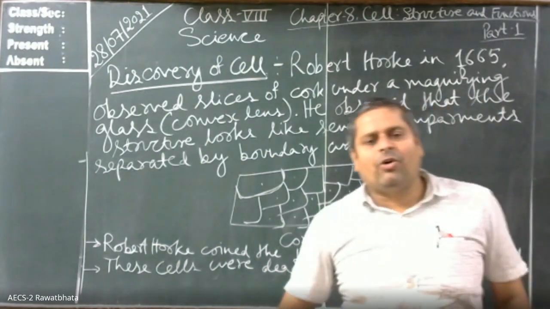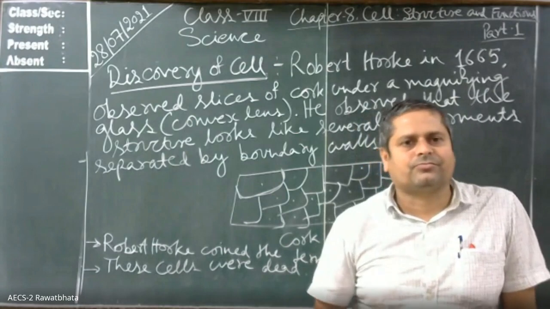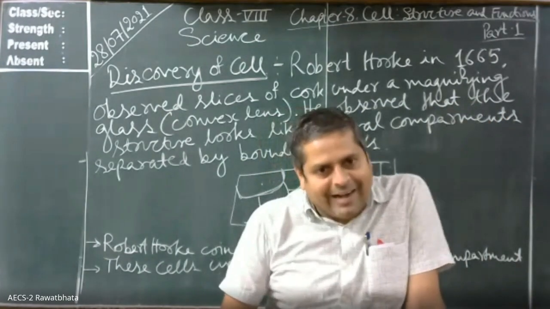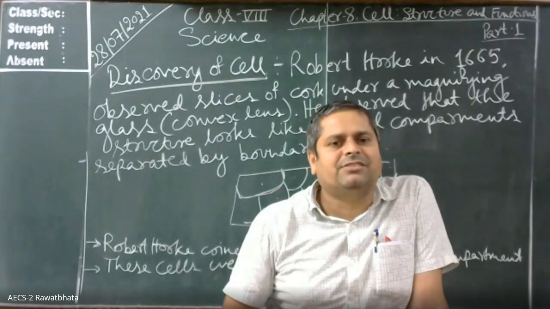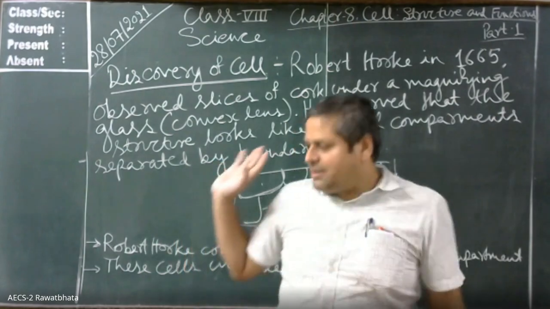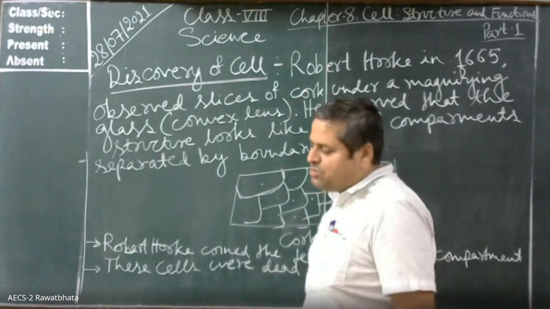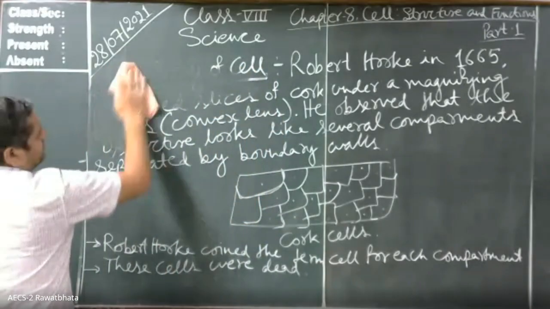Now cells also have variety in shape and size. Okay, so let us see what are the different types of cells based on the shape. Sir, please do not rub the last line. Okay. Please write down everyone.